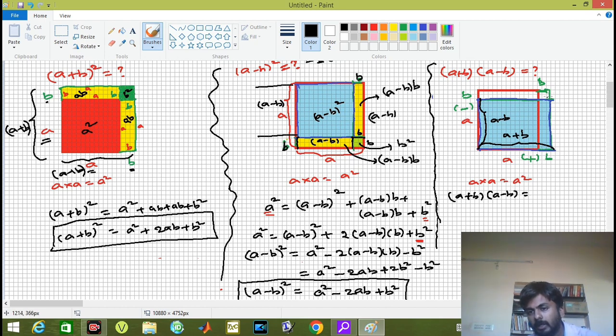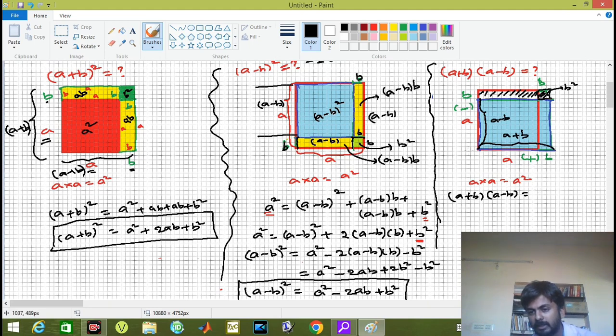Here there is a square called b square, but we don't want that. And here there is a rectangle and we don't want that also. We only want this rectangle. So how can I represent the same rectangle another way other than this (a plus b) into (a minus b)? In what way can I represent it?